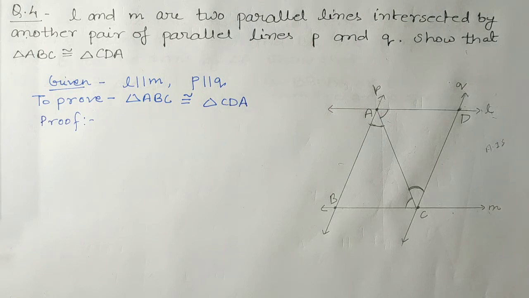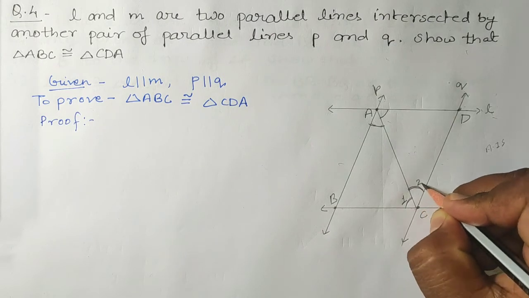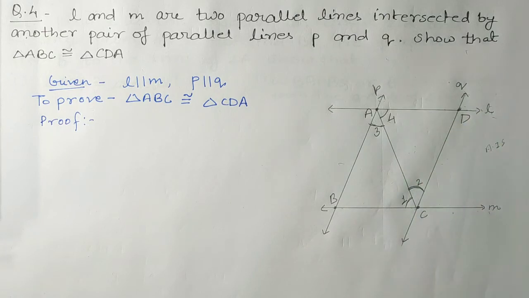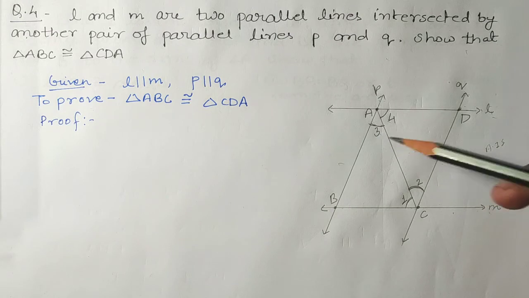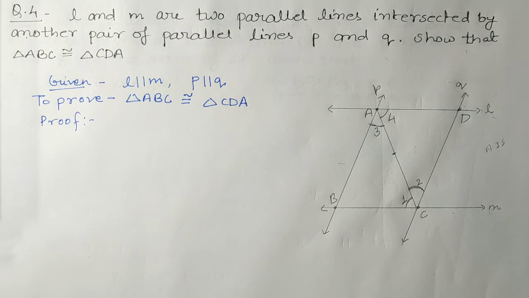Suppose this is angle 1, this is angle 2, this is angle 3, and this is angle 4. So angle 1 will be equal to angle 4, angle 2 will be equal to angle 3. And side AC is common for both of the triangles. So we can apply the criterion angle side angle.